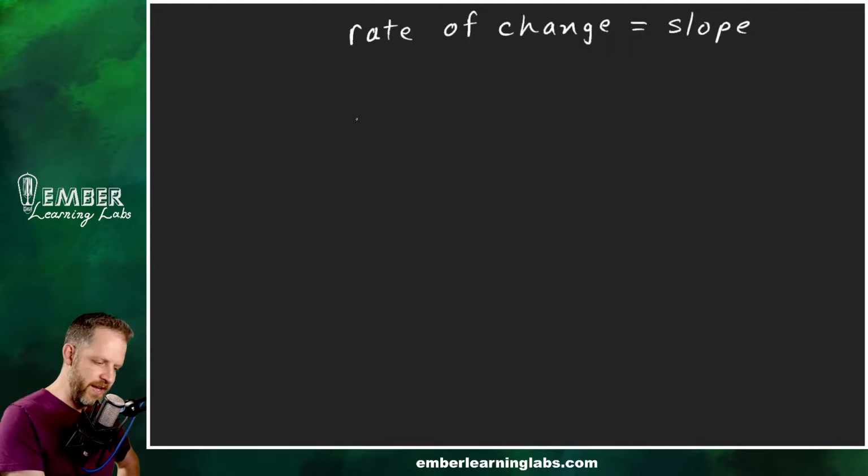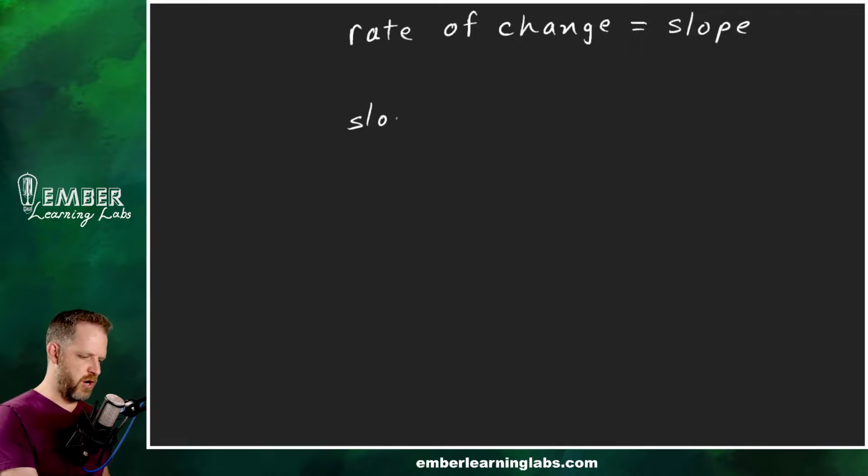Now, what is the slope? The first thing we're going to do, so we don't have to write that much, is use a letter for slope. We use the letter M for slope. Slope equals rate of change equals M. So far, so good, right? It's always a fraction.